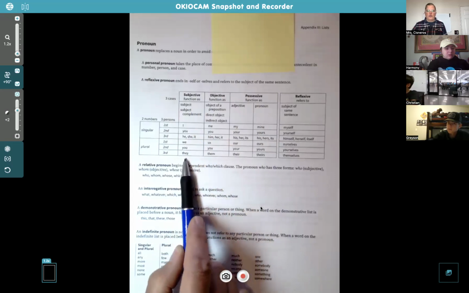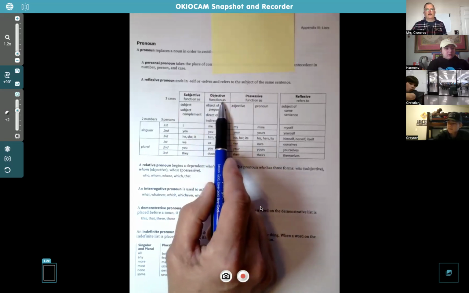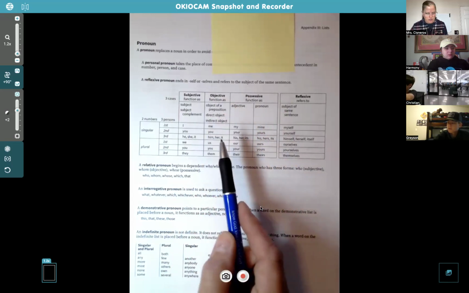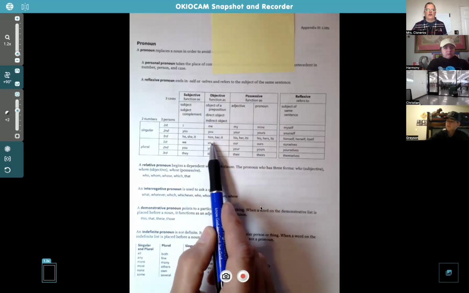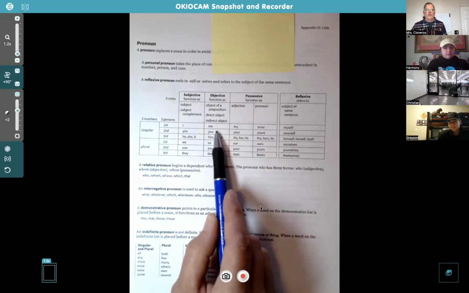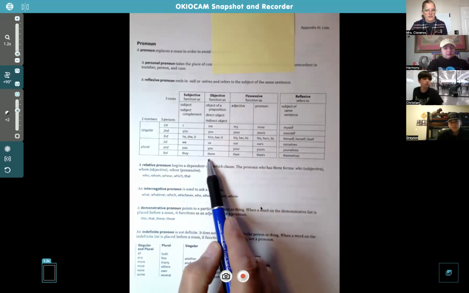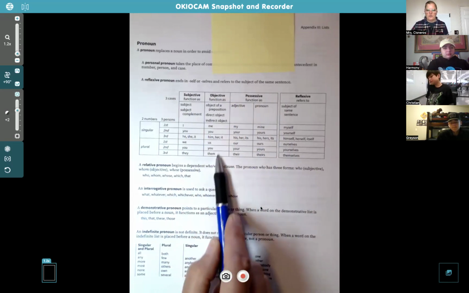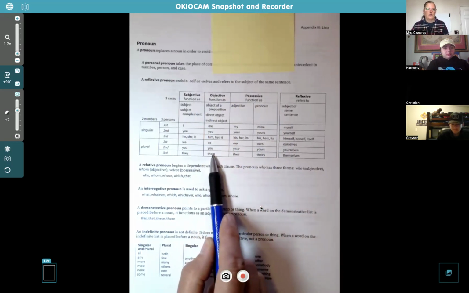These are also personal pronouns. And then we've got objective. They function as the object of the sentence. Me, you, him, her, it, us, you, them. These are like whatever's happening in the sentence is happening to these pronouns. Okay, they are the object of what it's happening to.